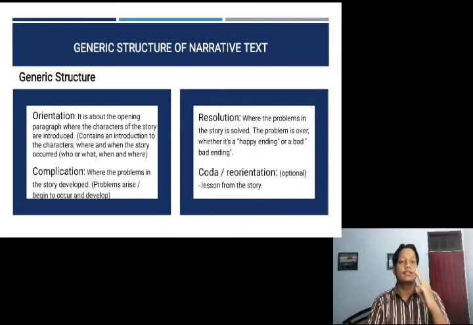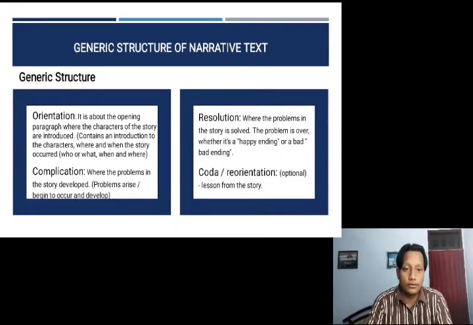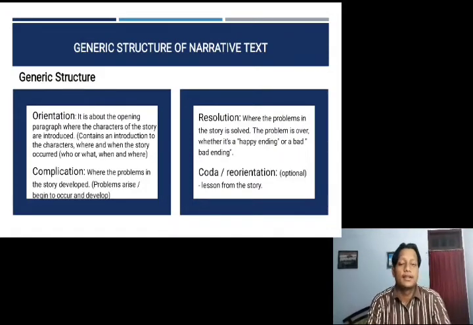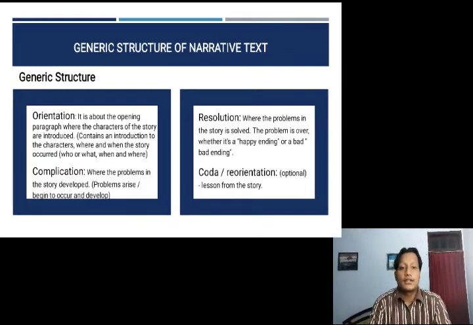Okay, and then the third slide is the generic structure of narrative text. It has four parts. The first is orientation. The orientation is the opening paragraph where the characters of the story are introduced.